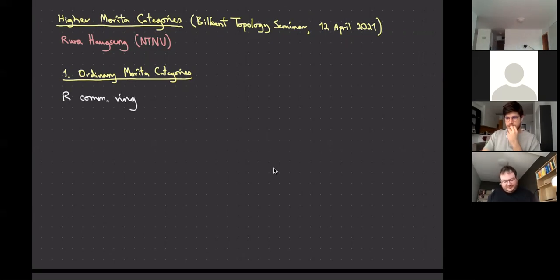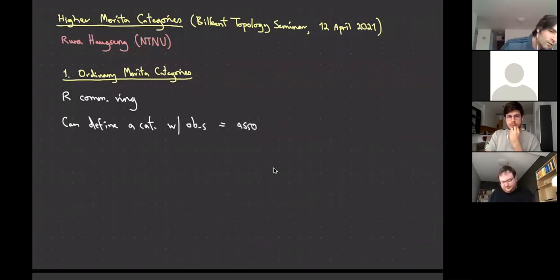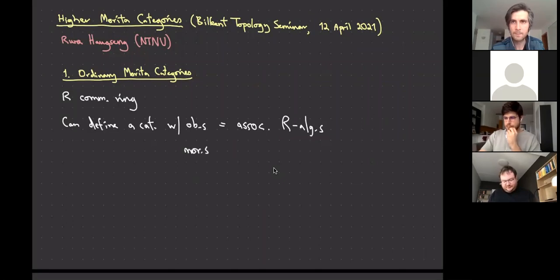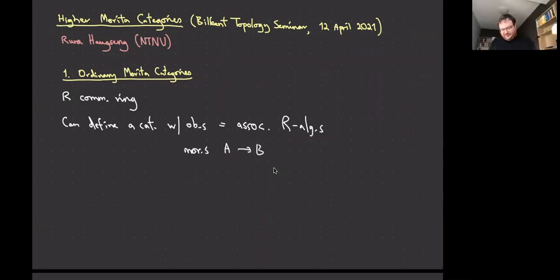Then we can define a category by taking the objects to be associative R algebras and the morphisms from A to B, where these are two associative R algebras, to be AB bimodules.